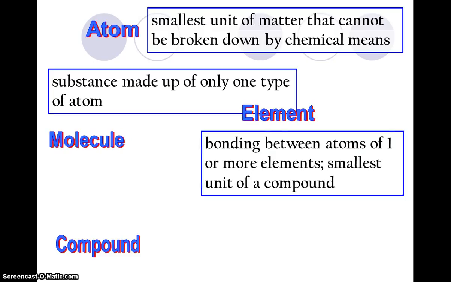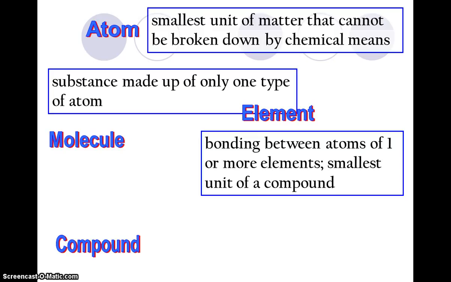You can take elements of the same type, or you can take elements that are different. You can combine them or bond them together, and you can make a smallest unit of a compound, which is a molecule. You can take, for example, a carbon element and bond it to another carbon element, and you can make a molecule.